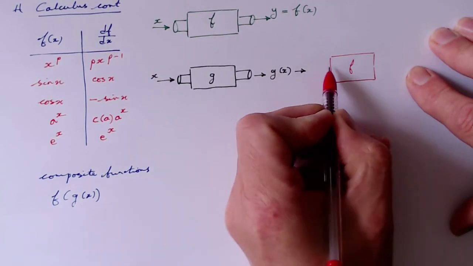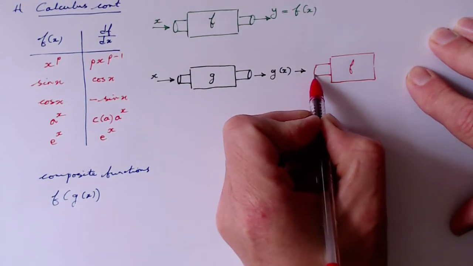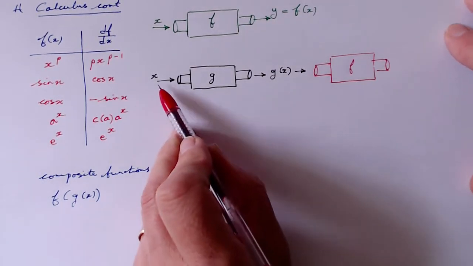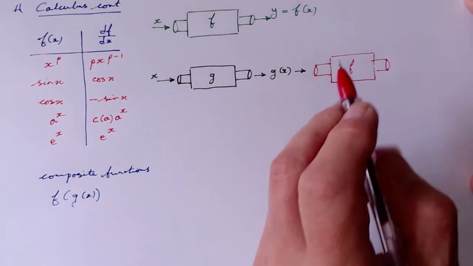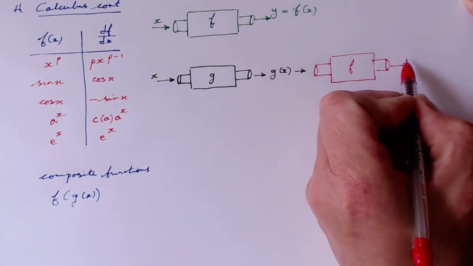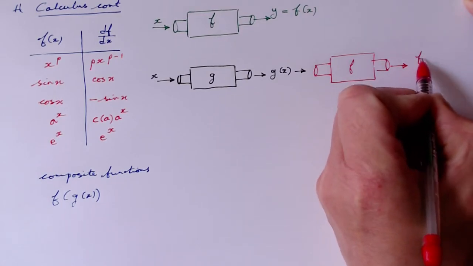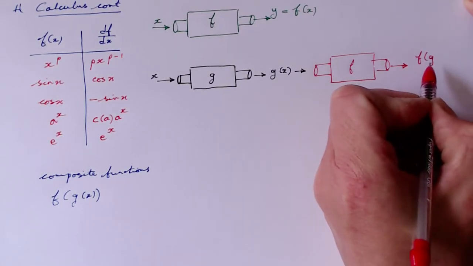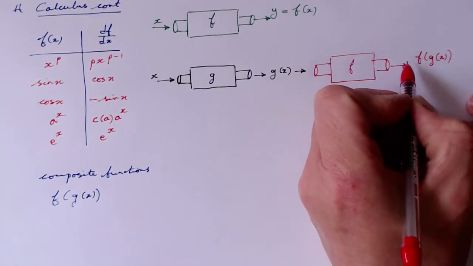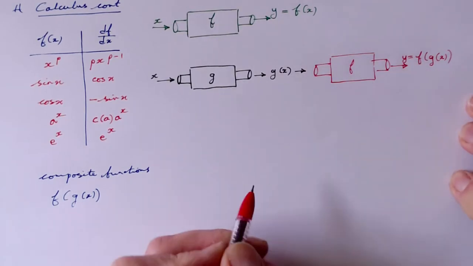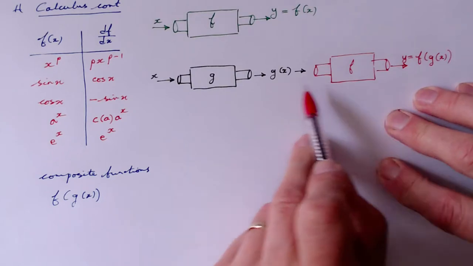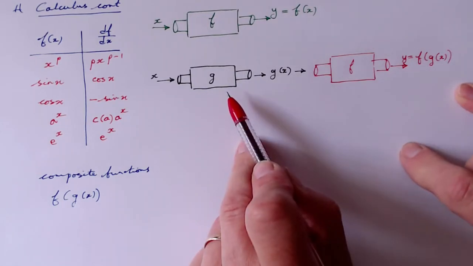This one is called F. And now you see F is not accepting X, F is accepting G of X. And what comes out of this machine is that machine F applied to what was given to it, which is G of X. And we might call that output variable Y. Y equals F of G of X. So that's the idea of a composite function.